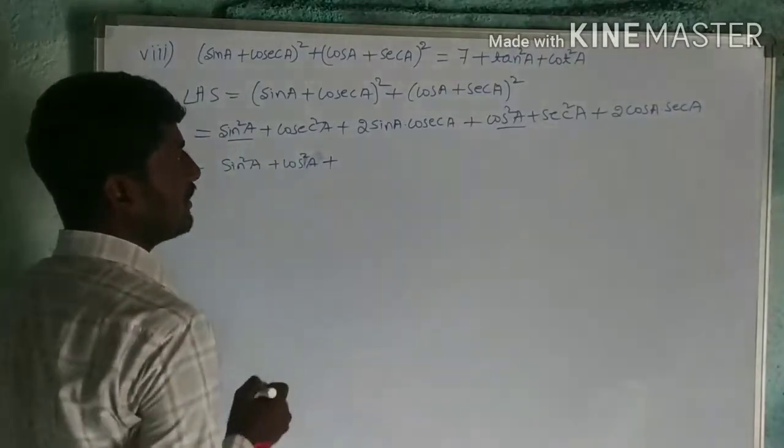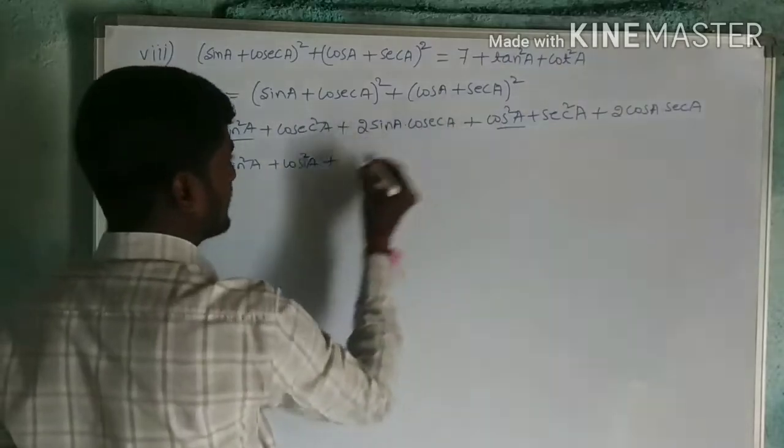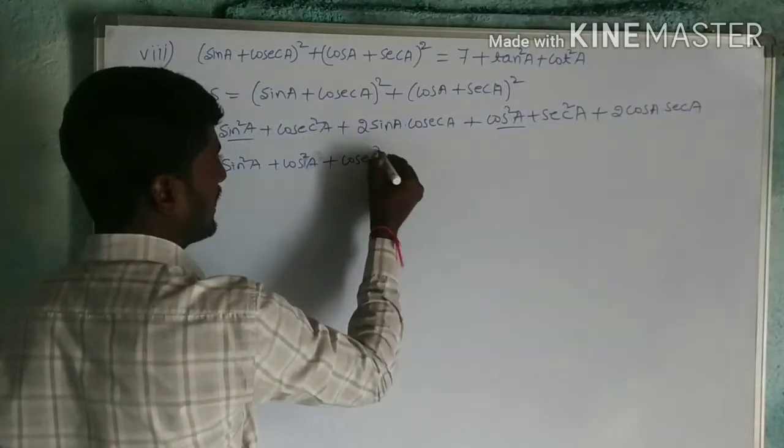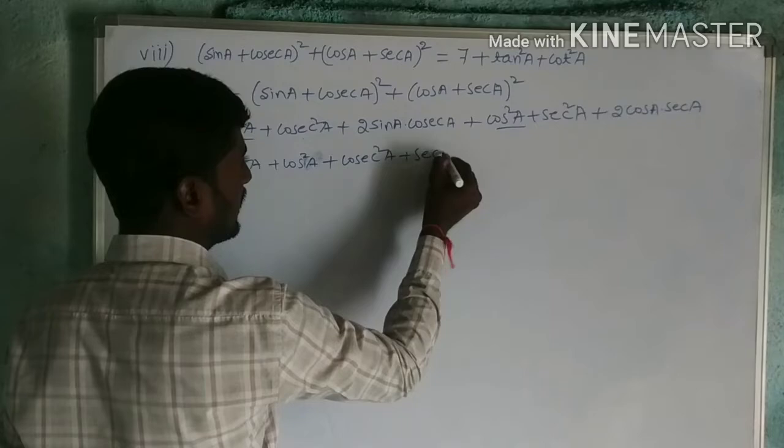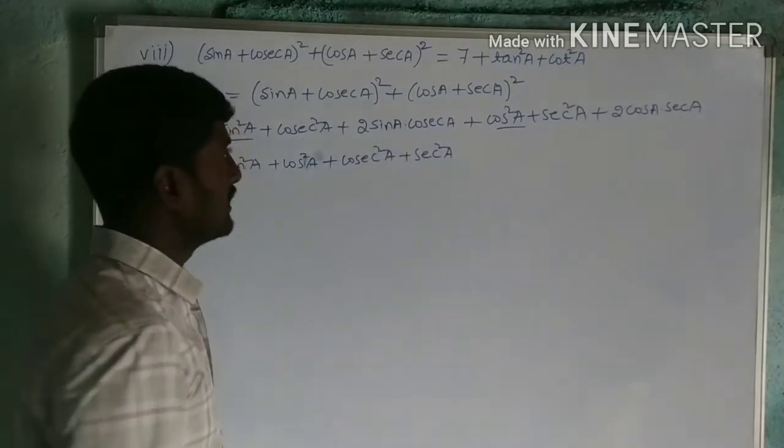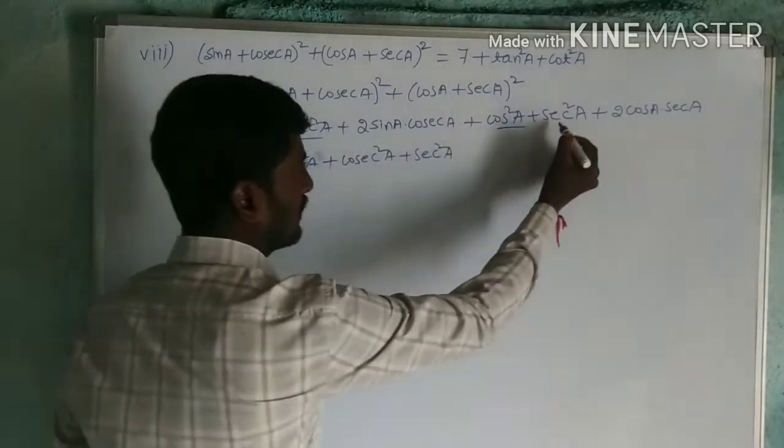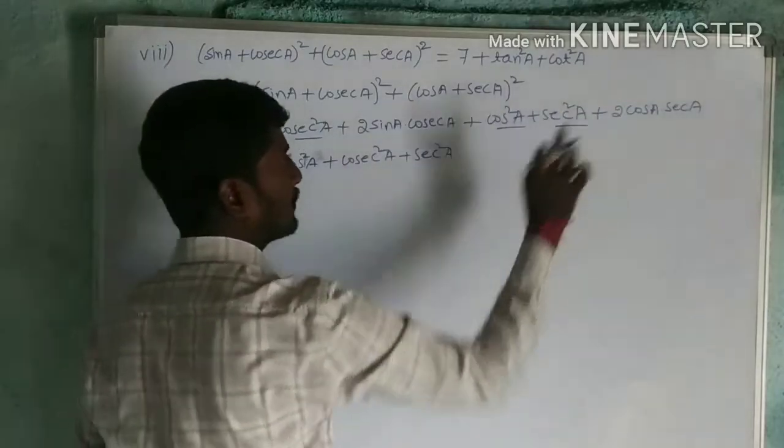Plus now cosec square A plus sec square A. These two terms also written. Now come for these two.